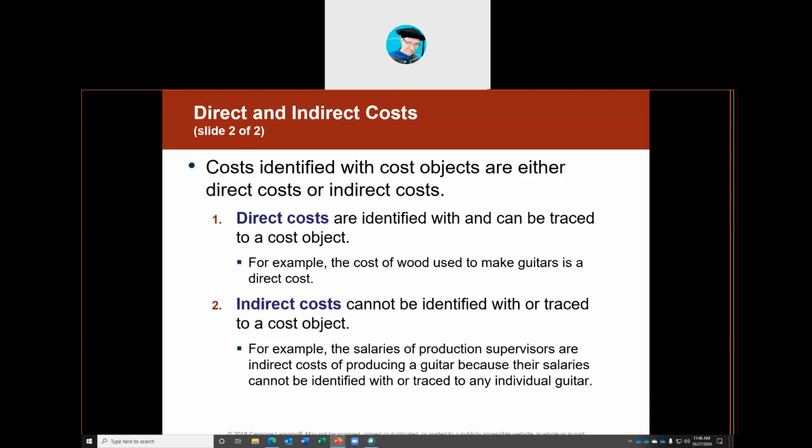That would include things like direct materials, direct labor, and direct factory overhead. I can trace those directly to the product.